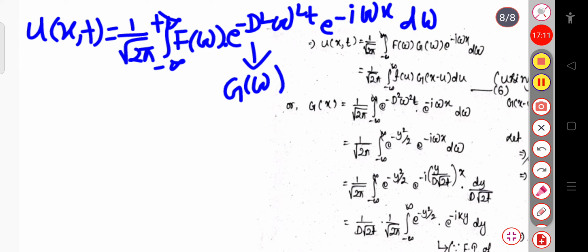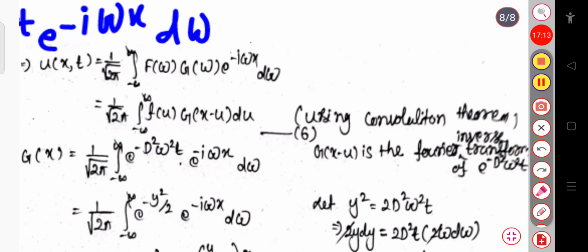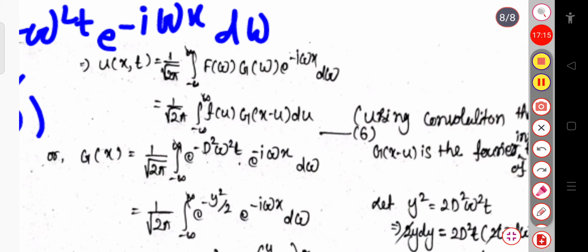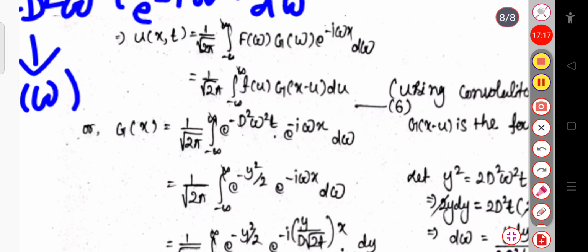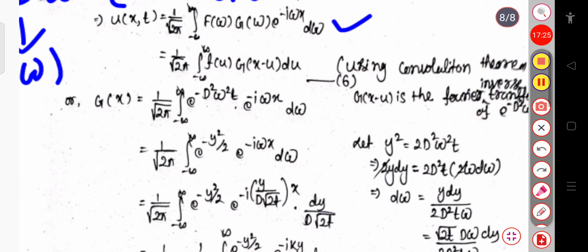So here you can see the expression for u of x, t will be equal to this much.